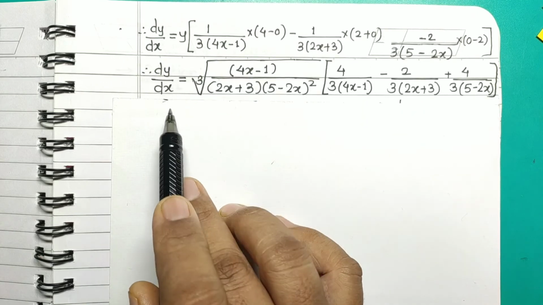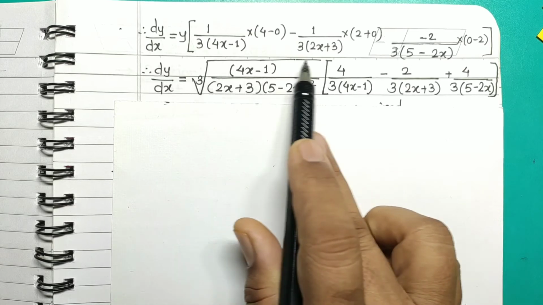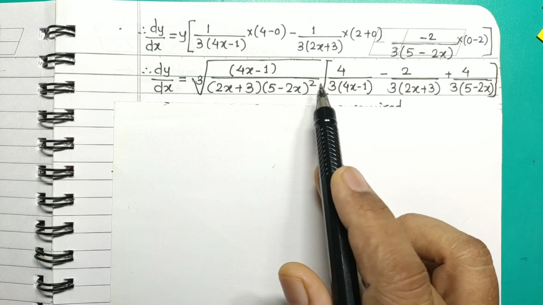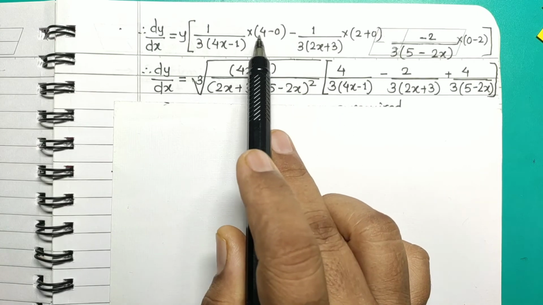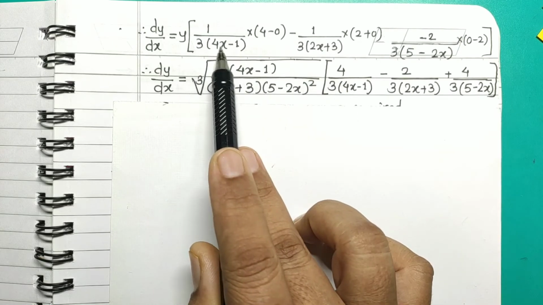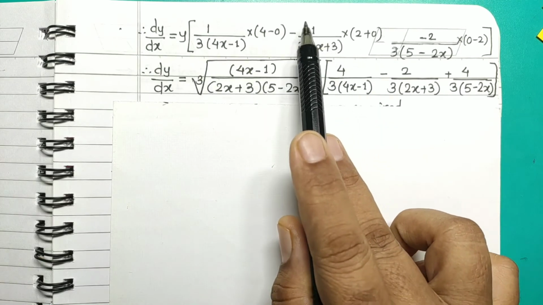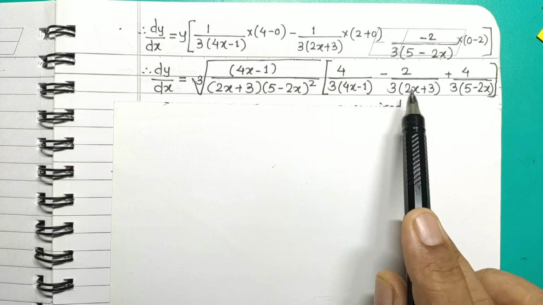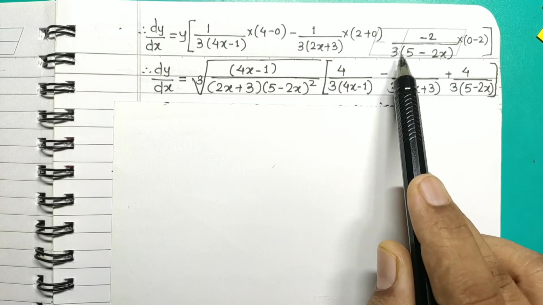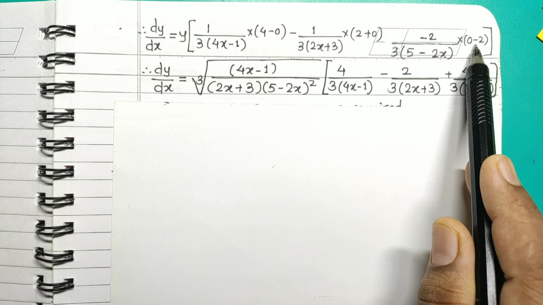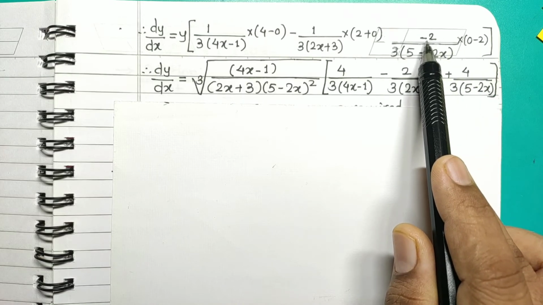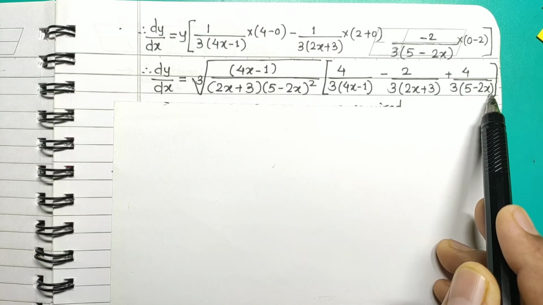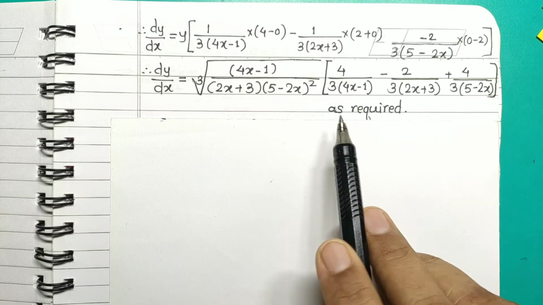So dy by dx is equal to y, the given function, cube root of (4x minus 1) upon (2x plus 3) into (5 minus 2x) whole square, into 4 upon 3 into 4x minus 1, minus 2 upon 3 into 2x plus 3, since it is 2 at the numerator. And here it is minus 2 multiplied by minus 2, so totally this is 4, so plus 4 upon 3 into 5 minus 2x. This is the required derivative.